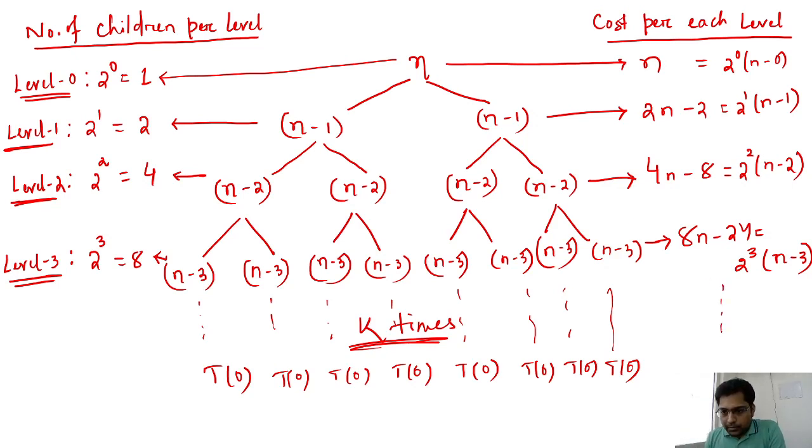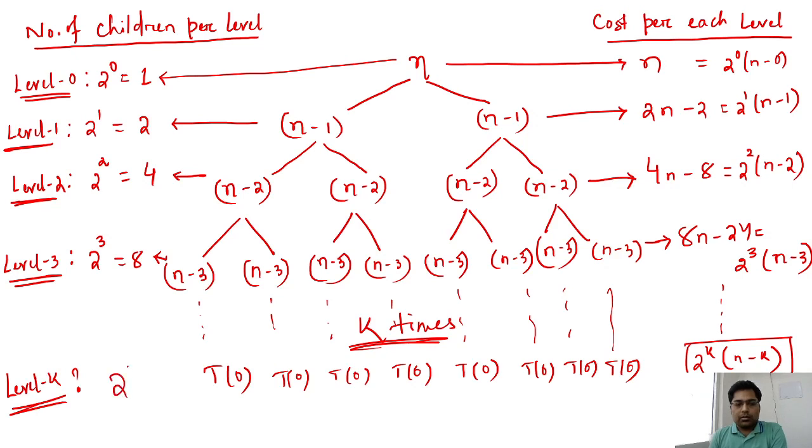So here if you are running this one, the pattern could be 2 to the k, n minus k. This is what our expected pattern would be for level k. For level k, we can expect the children could be 2 to the power k, and here we can expect the cost could be this much.